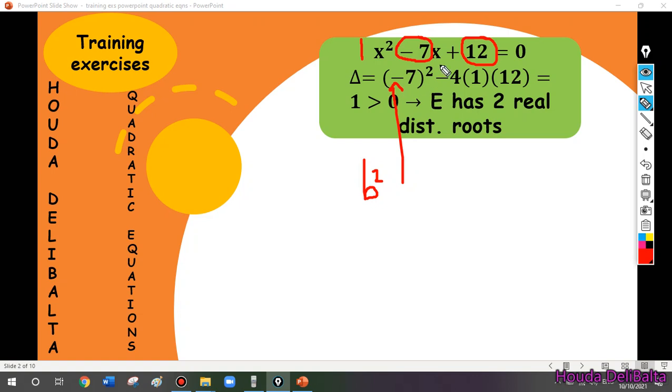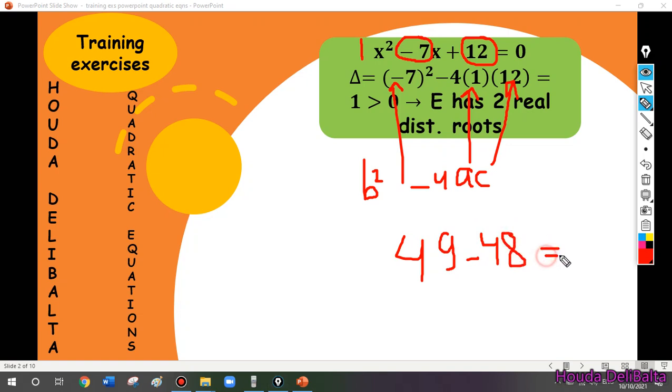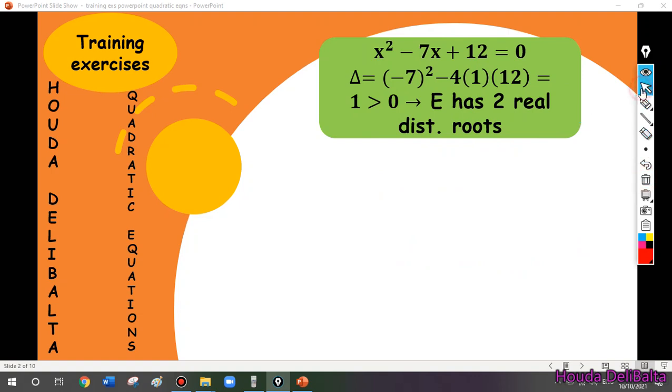Then the minus will be removed because we are going to make it a power 2. Minus 4ac, where a is 1 and c is 12. Thus, we got 49 minus 48, which is equal to 1, a totally positive number. Thus this equation has two real distinct roots. That's according to the first part.